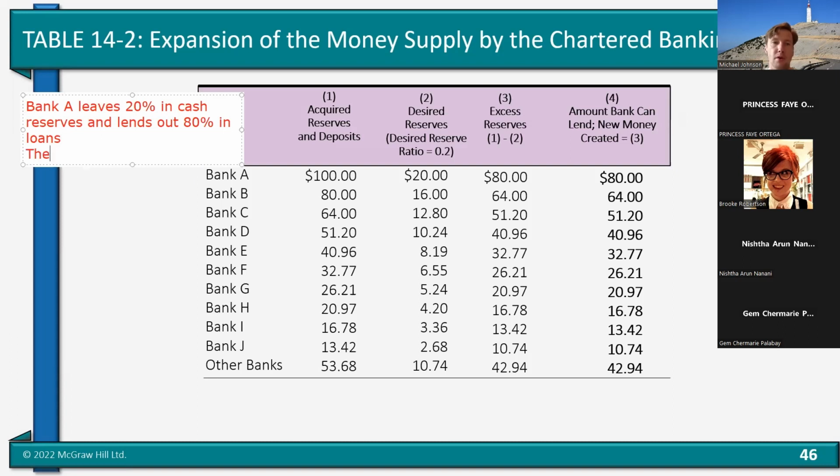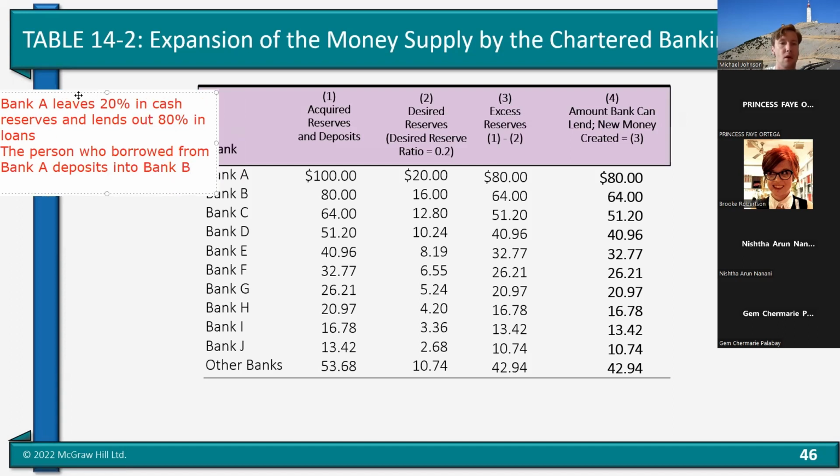Then the person who borrowed from bank A deposits into bank B here, and then bank B lends out 80% of that deposit and keeps 20% in cash reserves.